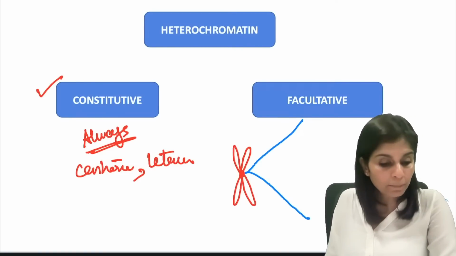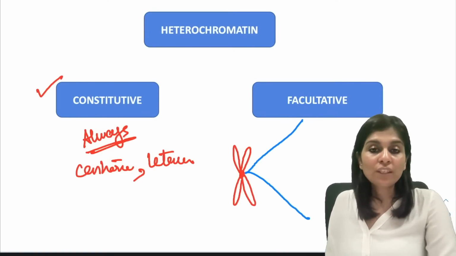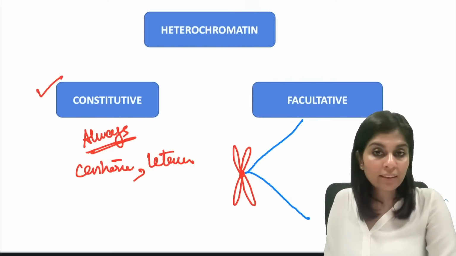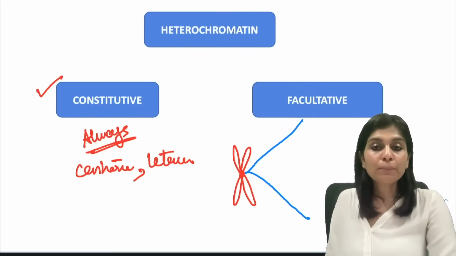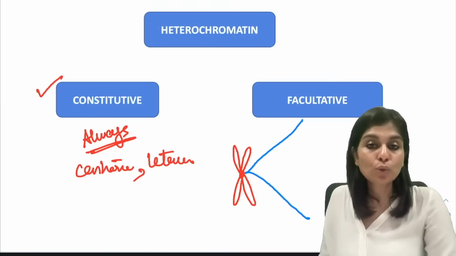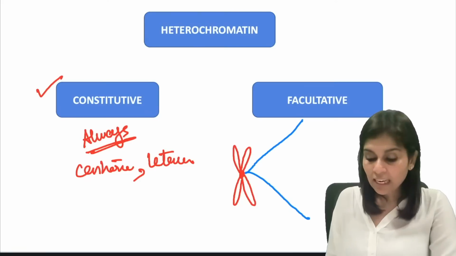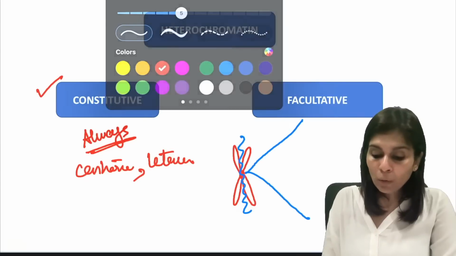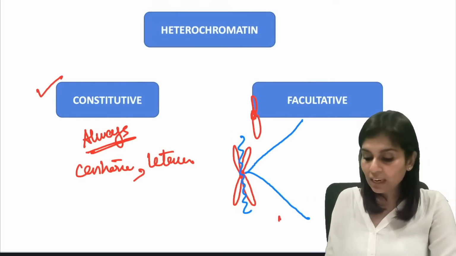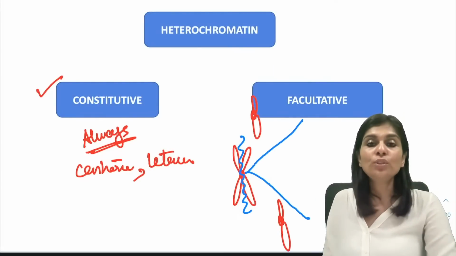Are you all with me? Then in anaphase, when the mitotic spindle contracts, the centromere breaks longitudinally, and one long arm and one short arm go to one pole, the other long arm and the other short arm go to the other pole.